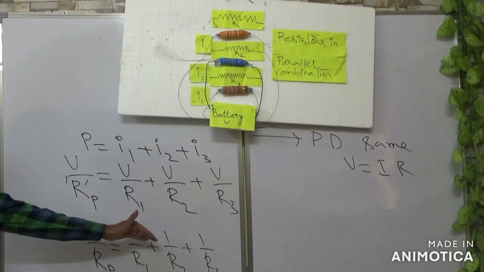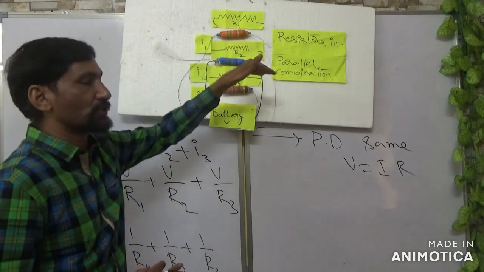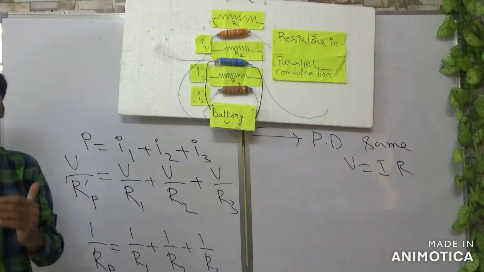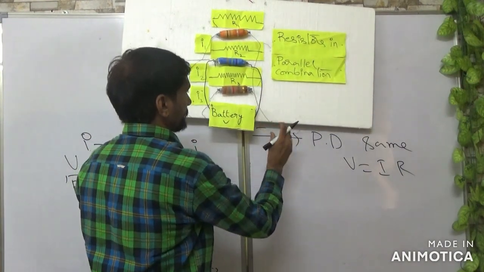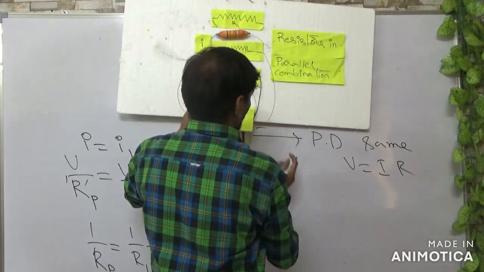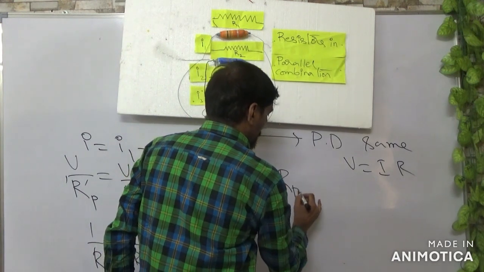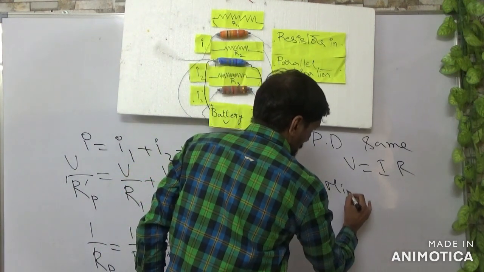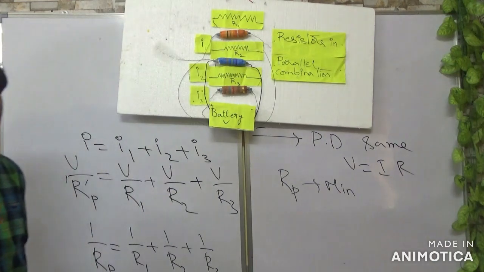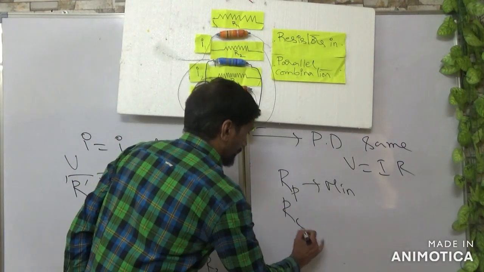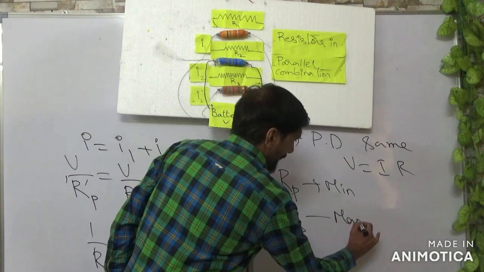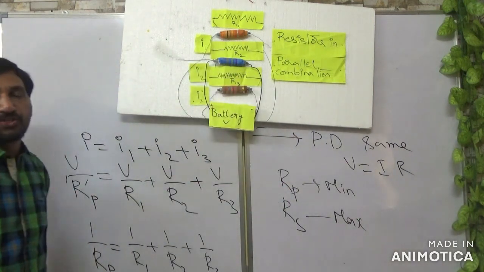So the resistance offered in this combination is minimum. Rp gives minimum resistance. Series combination gives maximum resistance.